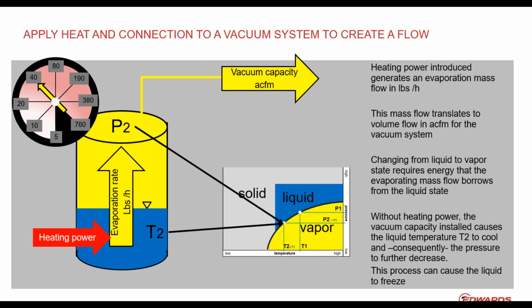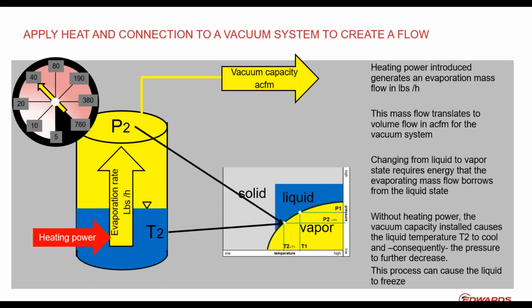Okay. So the next step is to say, let's make it a distillation or a drying process. In this case, it doesn't make a huge difference. So to make it a process, what's being applied is vacuum capacity on the vapor side in actual cubic feet per minute, and heating power on the liquid side. That's what's driving it.